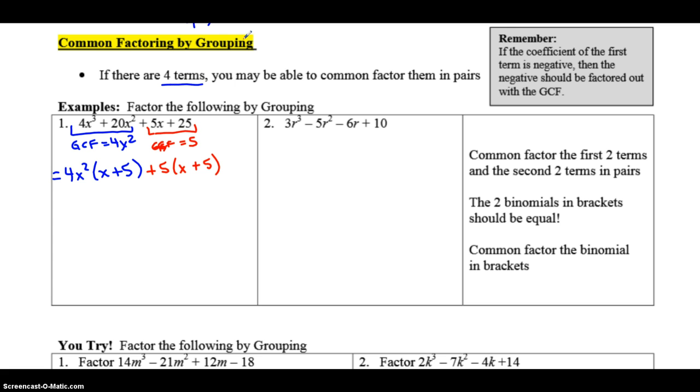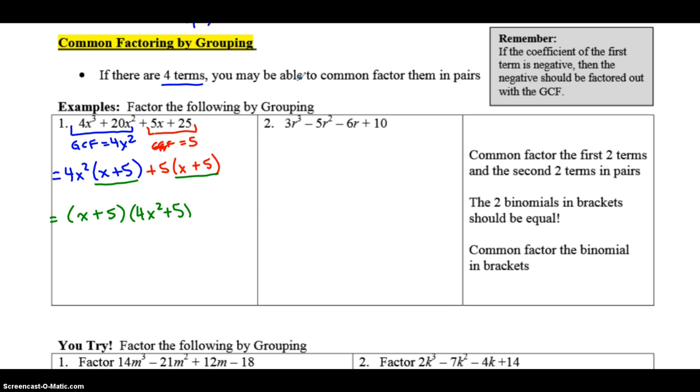Now you might notice that each of these groups has this x plus 5 piece, and they're being multiplied together. So what I'm going to do now is divide out that whole expression from my blue term and my red term. For my final answer, I pull out that greatest common factor, and all the leftover stuff, 4x squared plus 5, goes into your second bracket. And now you have this factored.